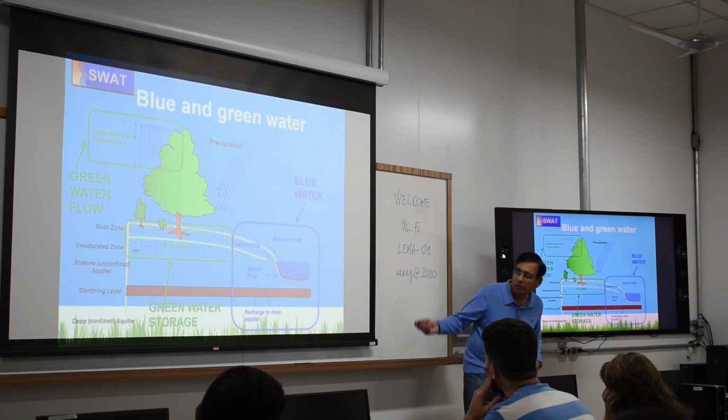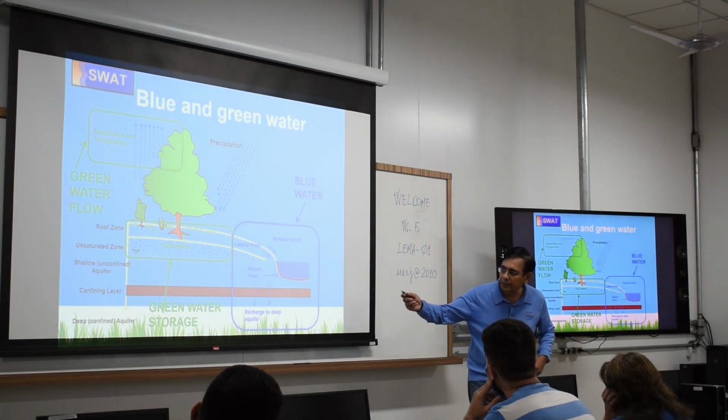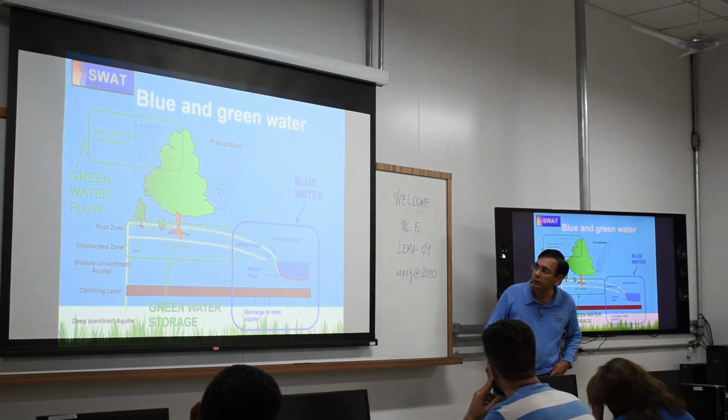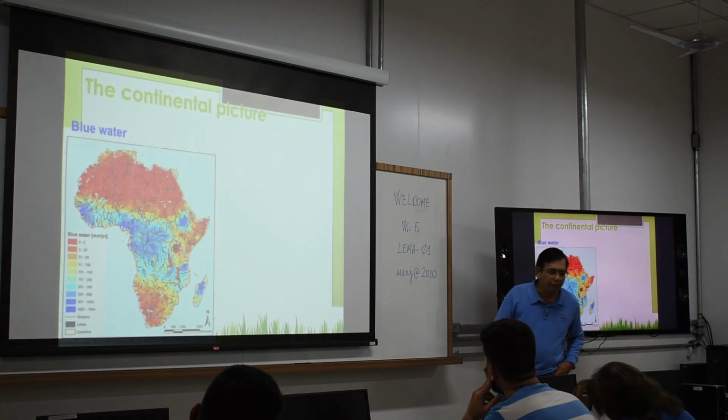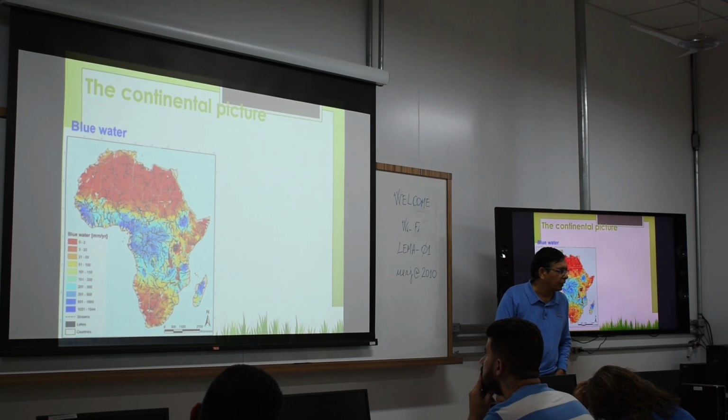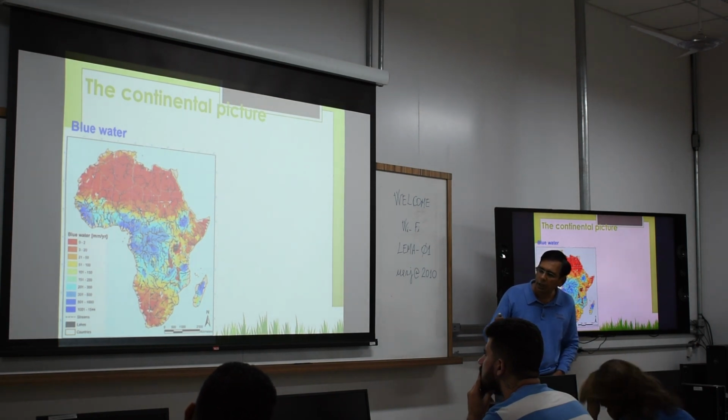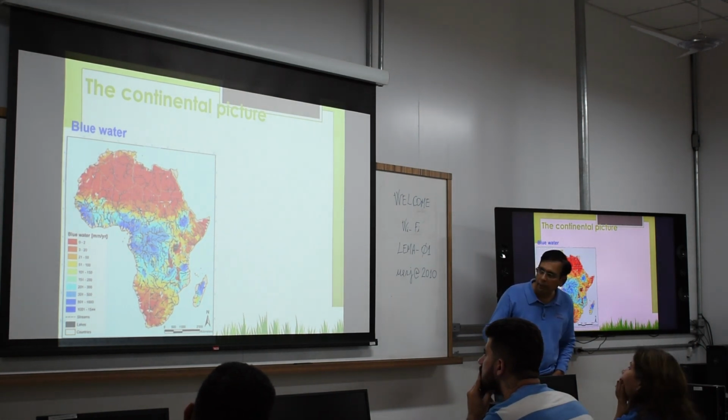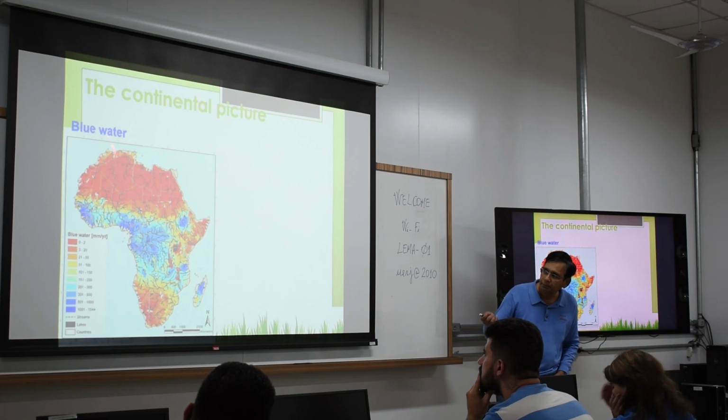So we started looking at this concept with Africa, for example. We simulated the entire Africa, and we're looking at the blue water. This is how much blue water is available in Africa. Okay. So this is how many millimeter per year.